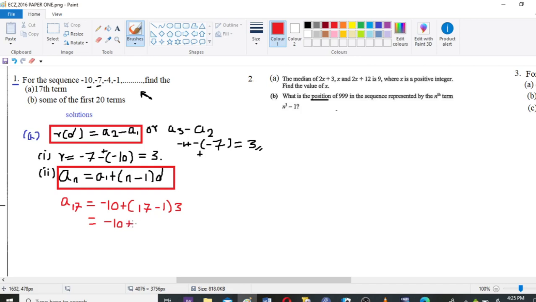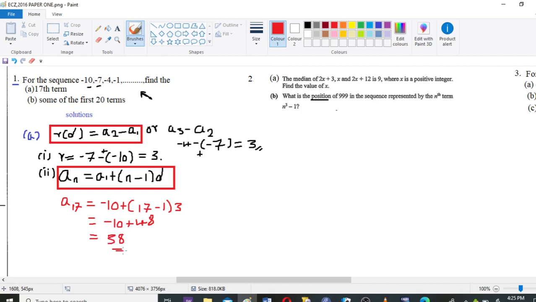Now adding, -10 plus 48, you are getting 38 as your 17th term.